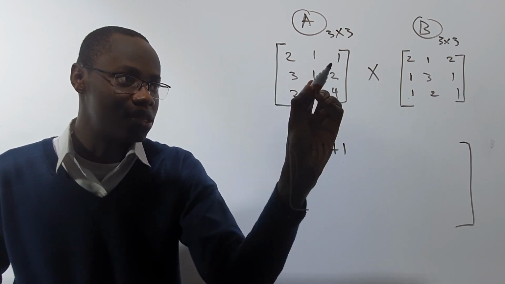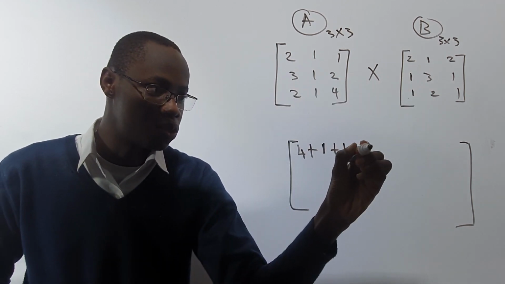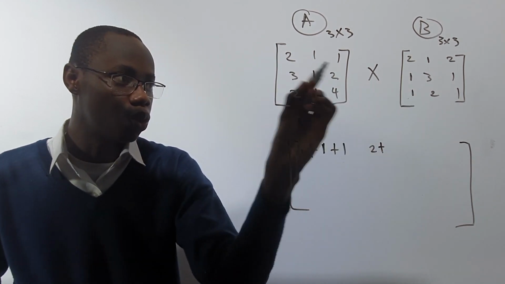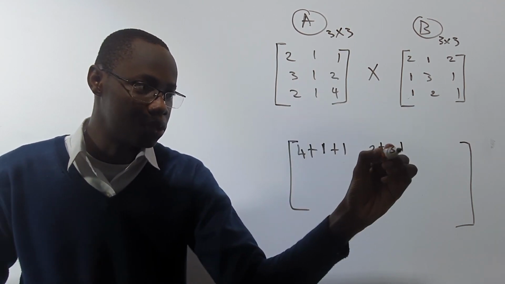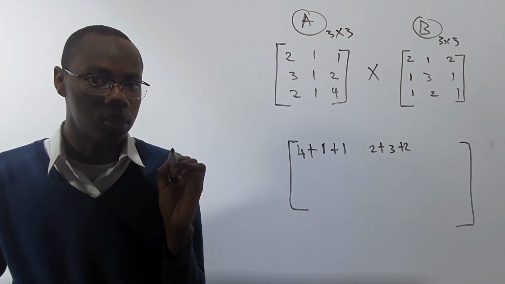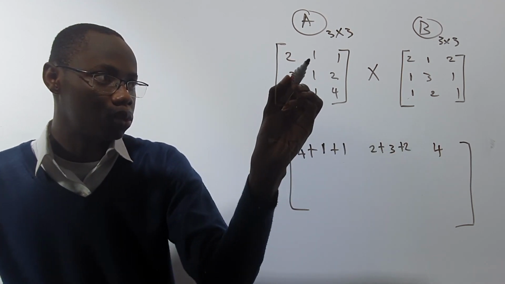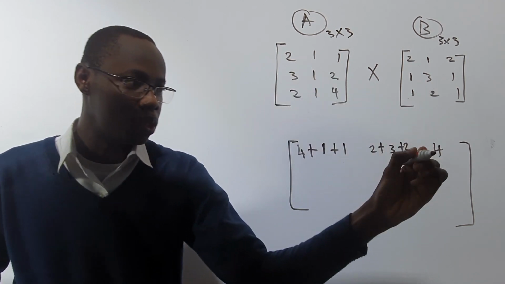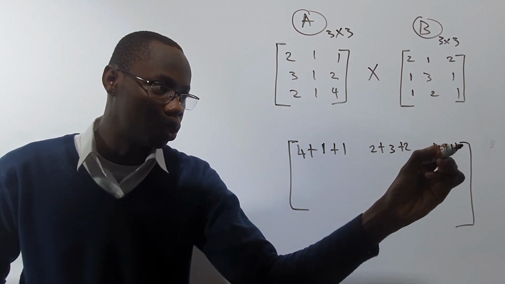This same row multiplied by the next column: 2 times 1 is 2, plus 1 times 3 is 3, plus 1 times 2 is 2. And then this same row multiplied by the last column: 2 times 2 is 4, 1 multiplied by 1 is 1, and 1 multiplied by 1 is still 1.